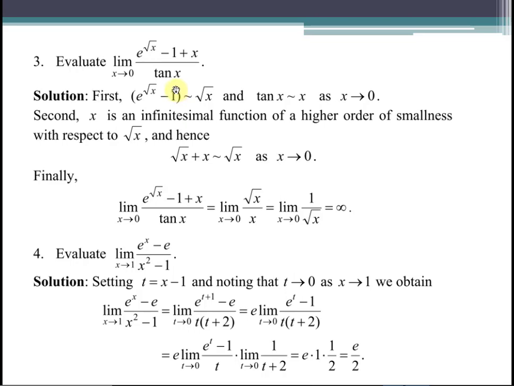So in the numerator it is square root of x, and in the denominator tangent x is equivalent to x just. So square root of x over x means 1 over square root of x, or just plus infinity when x tends to 0.